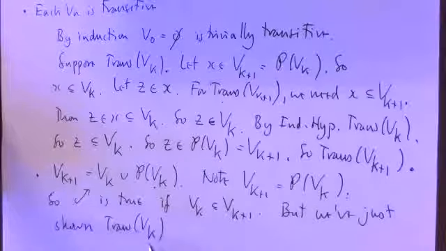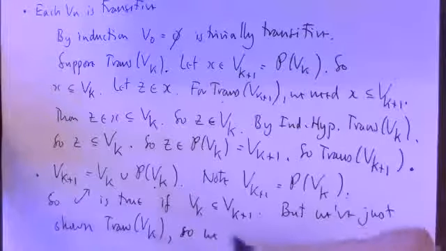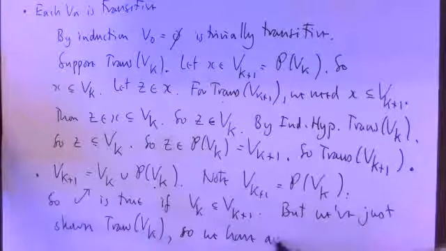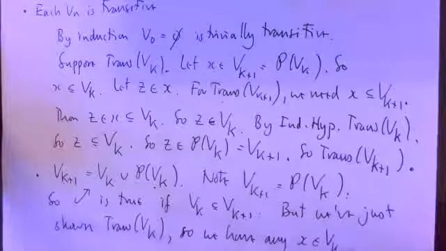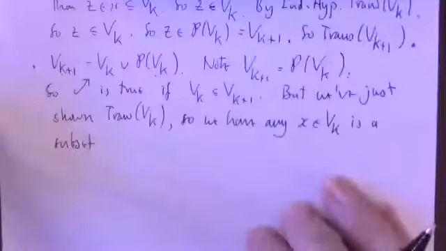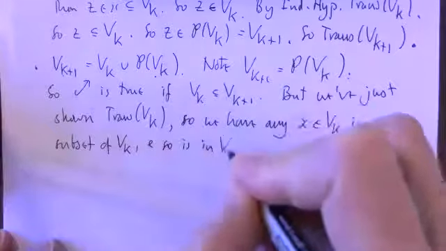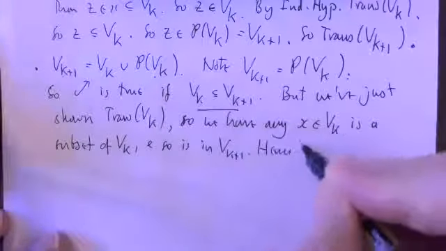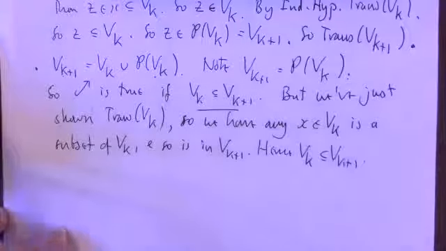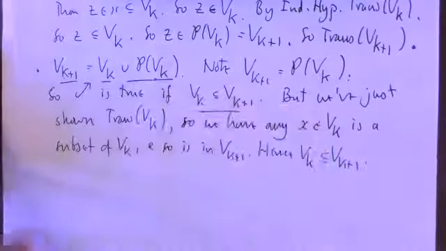And any of those subsets of Vk are elements of V(k+1). So we have this for all k's.